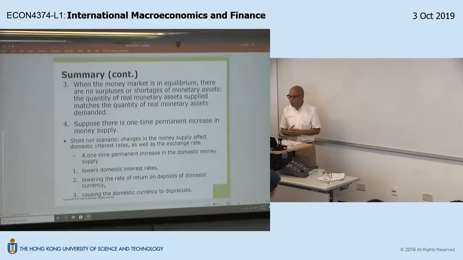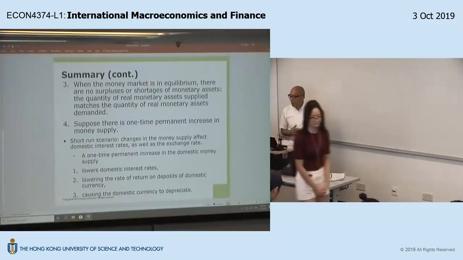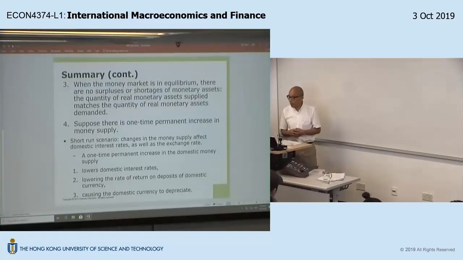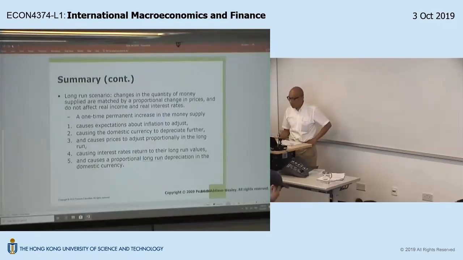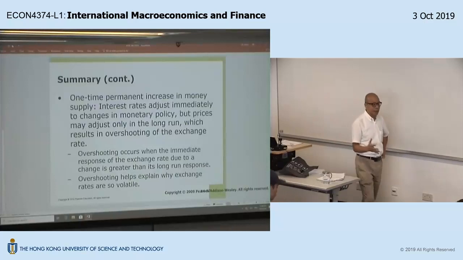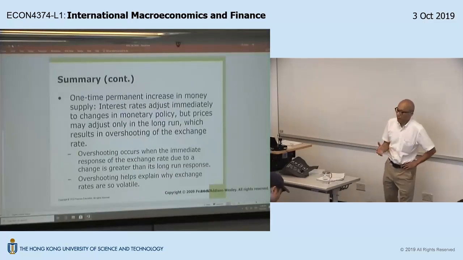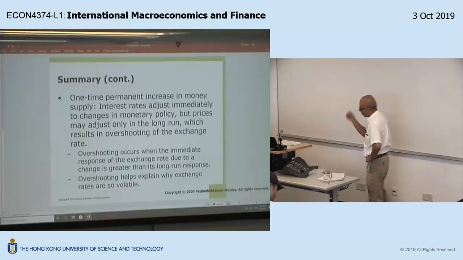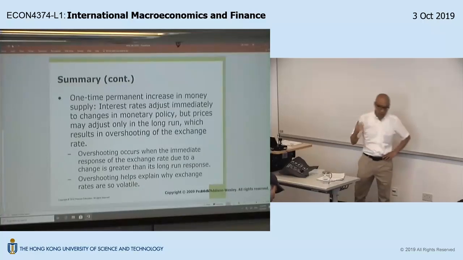Suppose there is a one-time permanent increase in money supply. Then we talk about the short-run scenario, and then we talk about a long-run scenario. And then there's overshooting because of price stickiness. Because price is sticky, there is this overshooting.